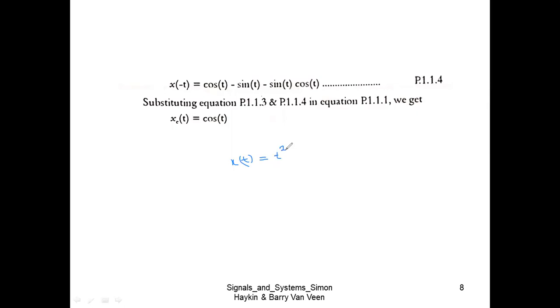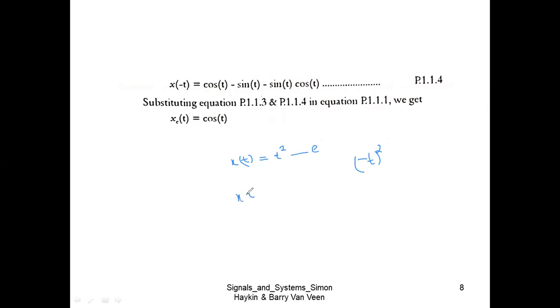What sort of signal is this, even or odd? Even signal. That means x of t is t square, and x of minus t is minus t whole square, which becomes t square only. So this is an even signal.